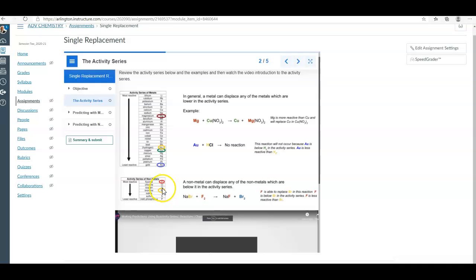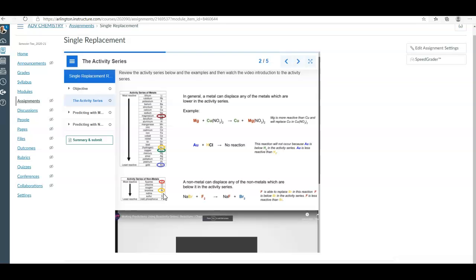in the activity series. Now, if you see here, bromine cannot replace chlorine because chlorine is higher in the activity series. So if this F2 was Cl2, chlorine, the reaction will occur because chlorine is higher than bromine. But if it was iodine, iodine cannot replace bromine because iodine is below bromine in the activity series.